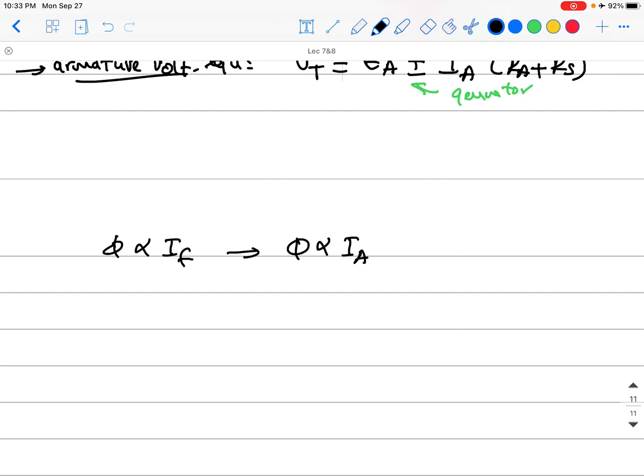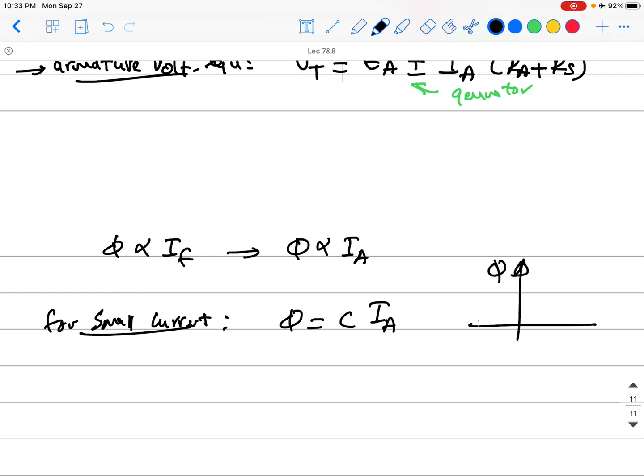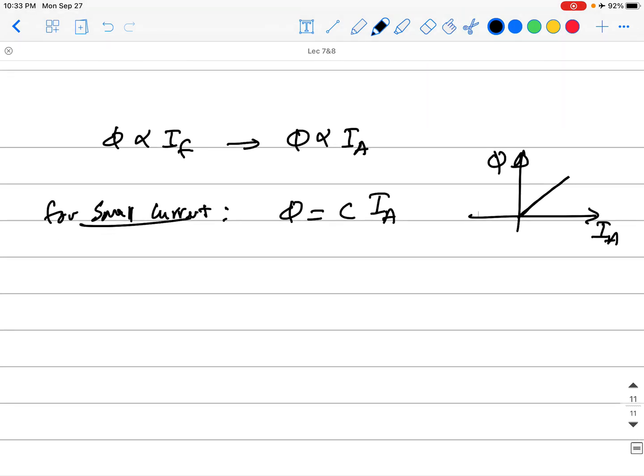For small currents, in the steady state, which we're more concerned with all the time, phi will basically equal a constant multiplied by this current. If you plot the flux with I armature, it will be linear like this. C here is just a constant, keep it in mind.